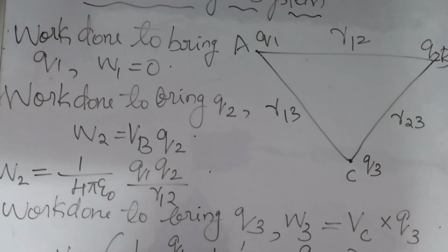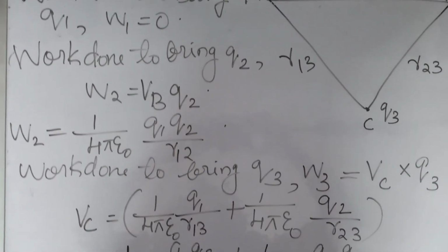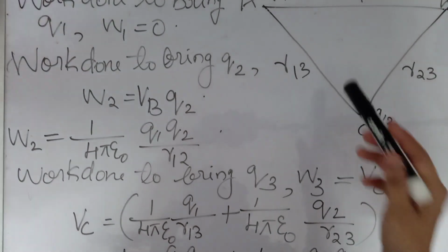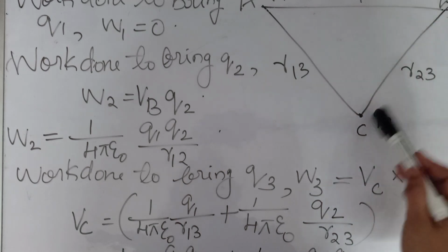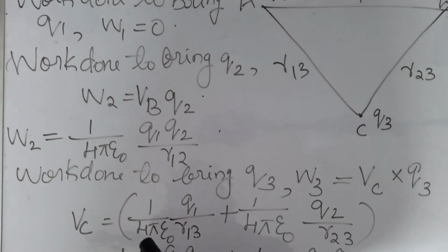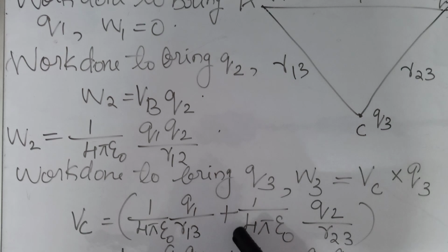What will be the value of VC? First of all we have to find the potential due to this charge Q1, then potential due to charge Q2. Then VC will be equal to 1 by 4 pi epsilon 0 Q1 by R13, because the distance between this Q1 and Q3 is R13, plus the distance between Q2 and Q3 is R23 and the charge is Q2. So 1 by 4 pi epsilon 0 Q2 by R23 is there.